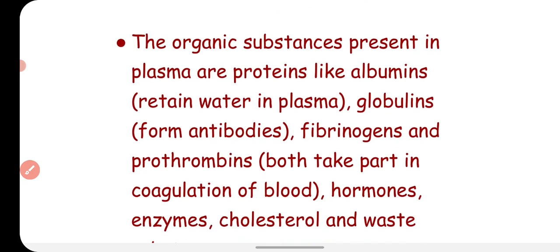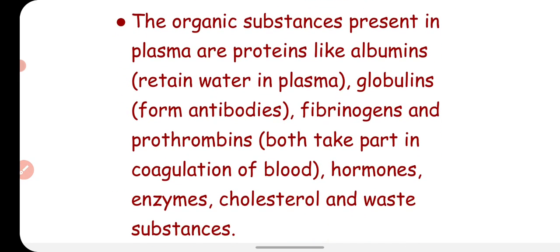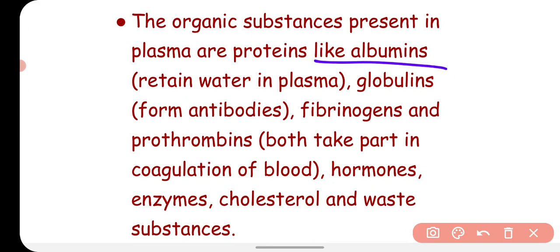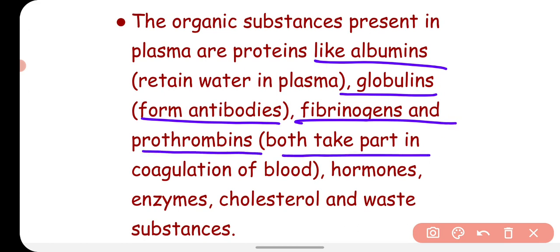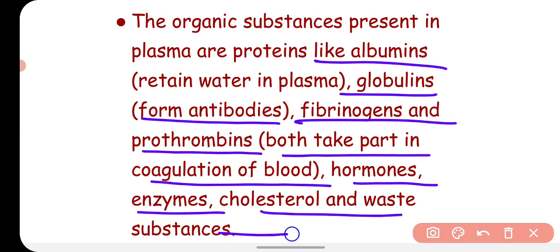The organic substances present in the plasma are proteins like albumins, which retain water in plasma, globulins that form the antibodies, fibrinogen and prothrombin, both of which take part in coagulation of blood, and also hormones, enzymes, cholesterol and waste substances.